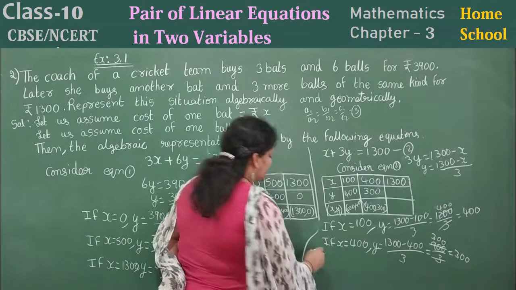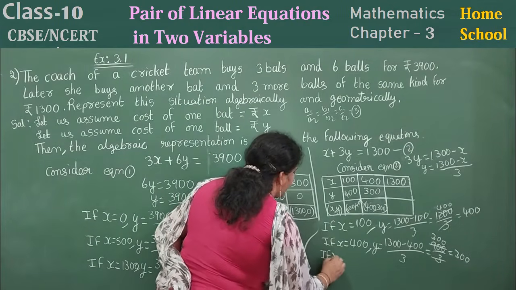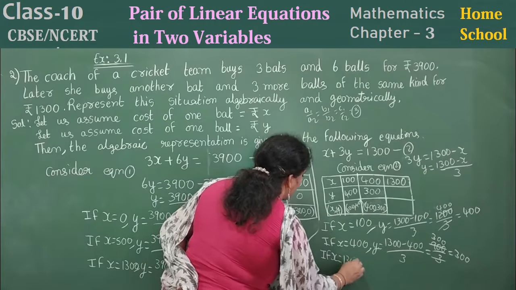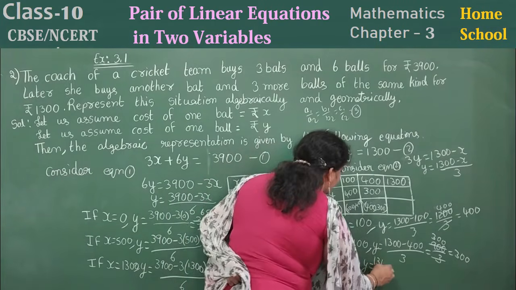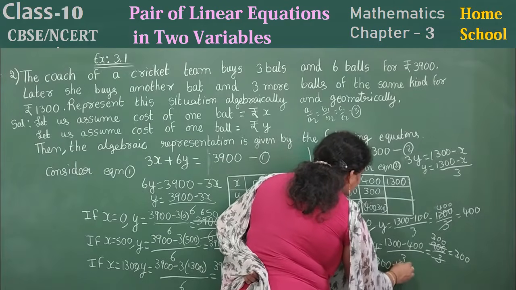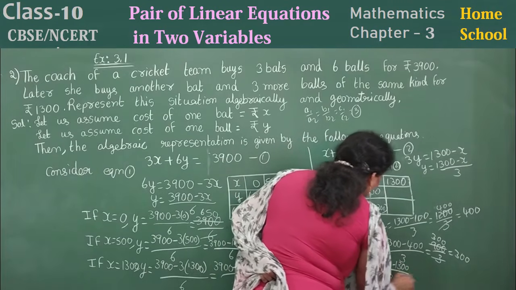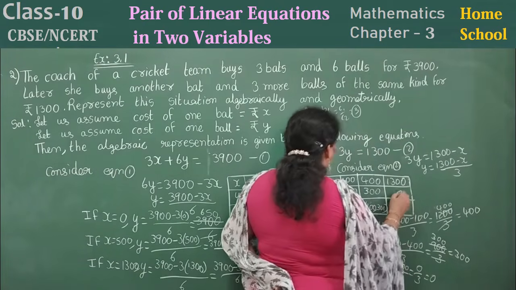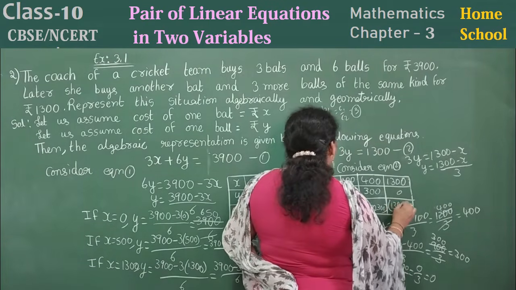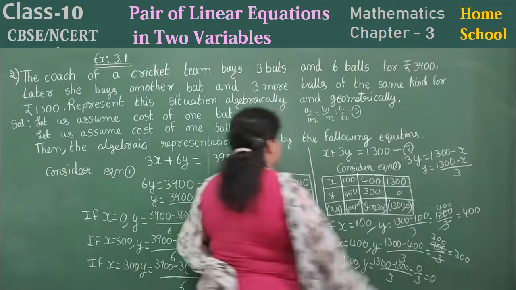Okay. Last one. If you take x is equal to 1300, y is equal to, substitute in x, children, (1300 minus 1300) by 3. That will be 0 by 3, which is 0. 1300 comma 0.